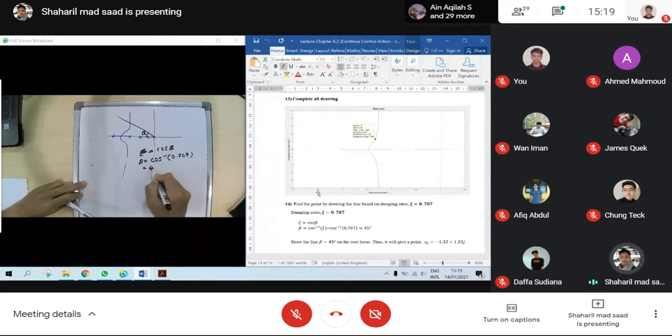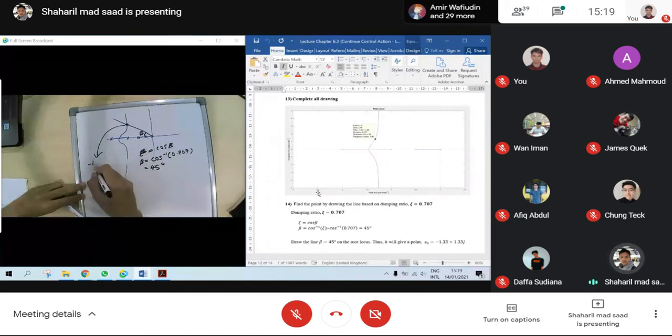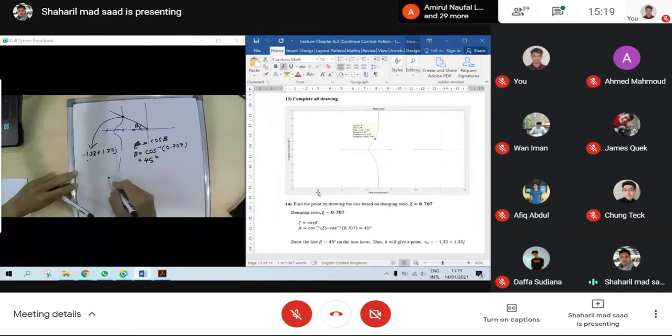Then you get 45 degrees, so you can draw the 45 degree line from here straight away. Then you get this point, which is minus 1.33 plus 1.33j. So this is the information that we can get from here.